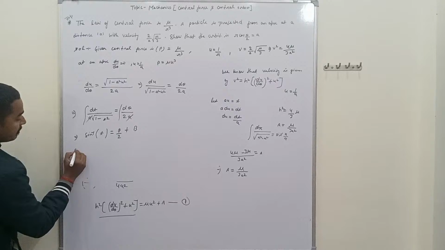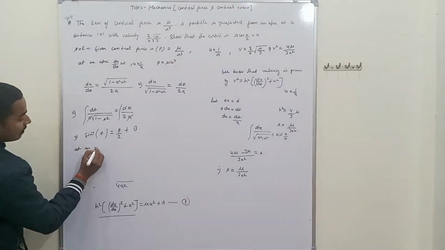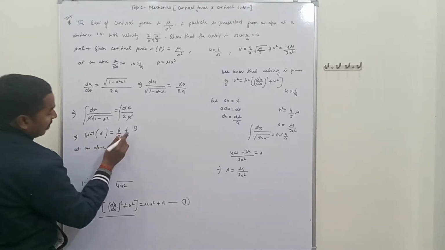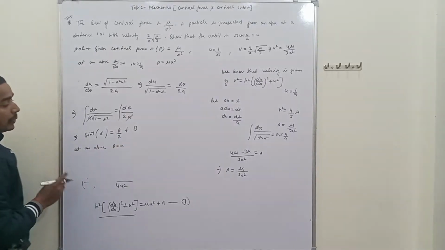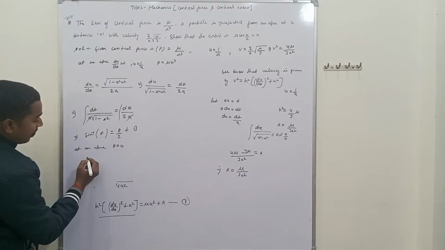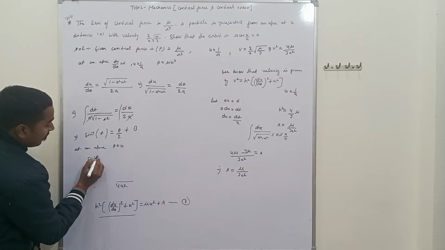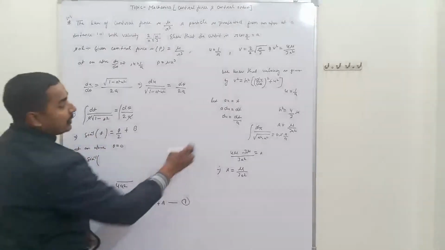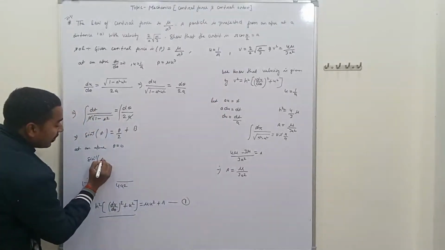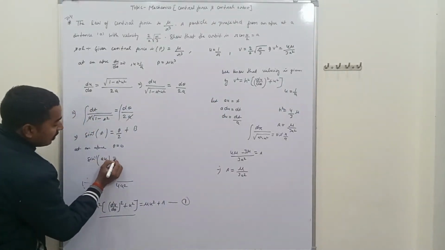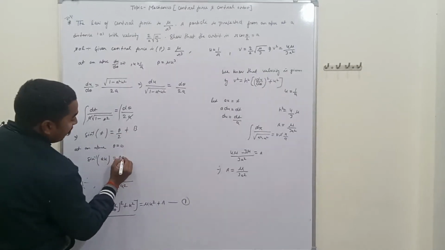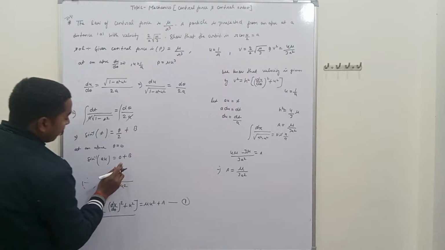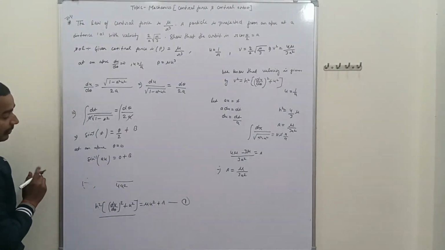At apse, theta is equal to 0. We put here sine inverse of, in place of t we let au, so au is equal to, in place of theta we put 0, that is 0 plus b, and from here we find the value of b.